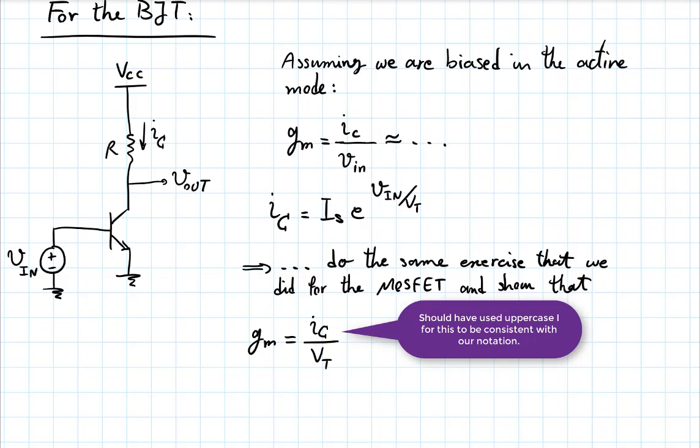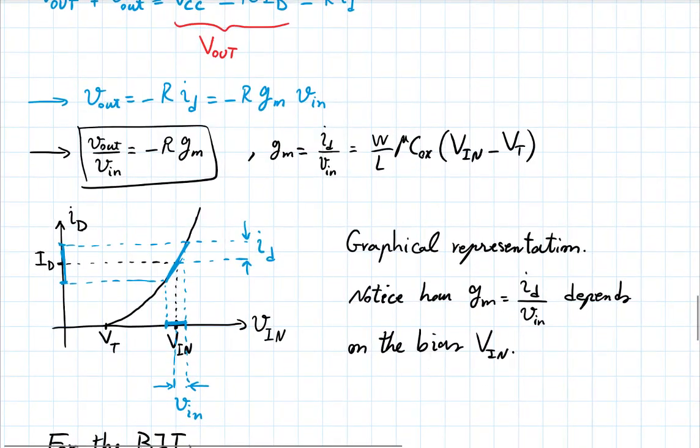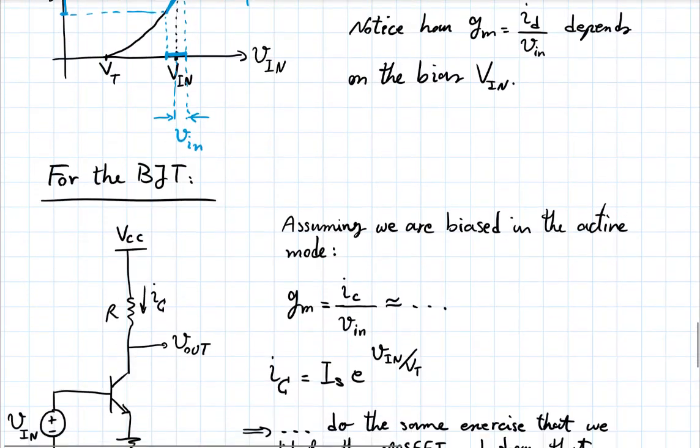I did it in a shortcut way, because I said that the small signal gain is just dIC over dVin, which is this. And the graphical representation is again the same, except that your curve, instead of being quadratic, is exponential. If I draw it, it will look the same anyway.